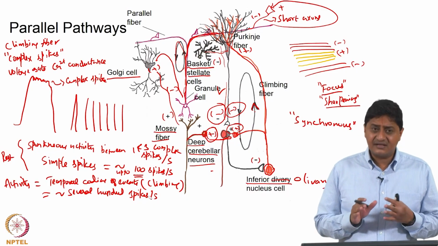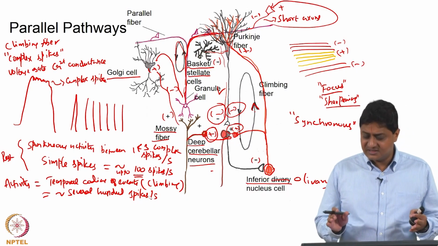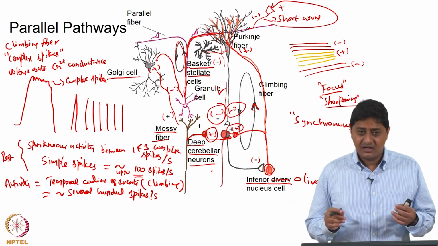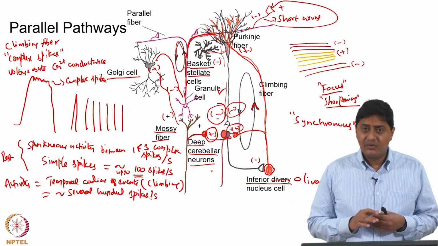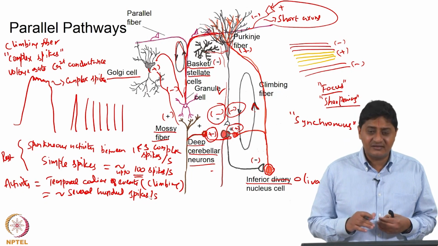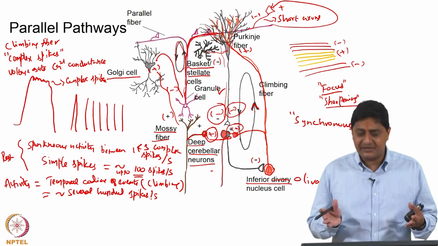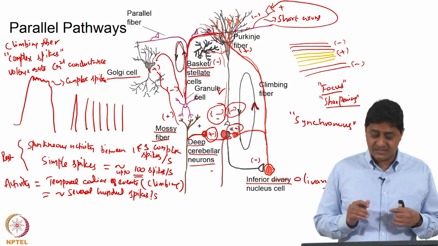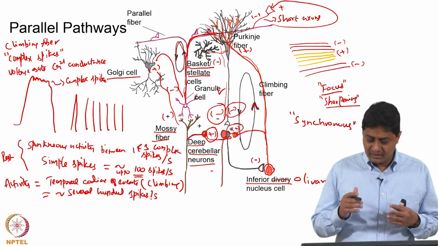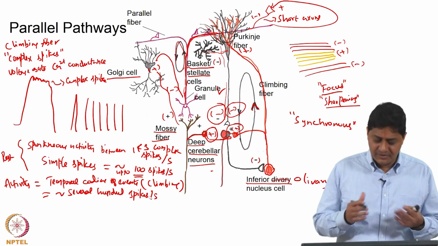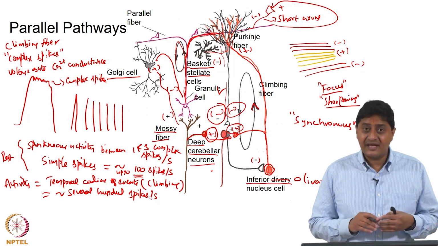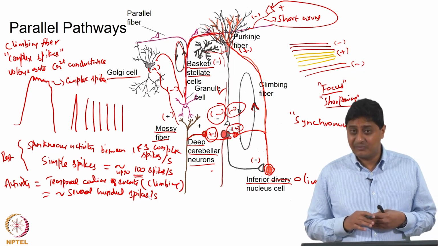It seems like the climbing fiber system is more of a presence or absence switch, or it acts more like a signal for the start or end of an event, right. Whereas the activity of the mossy system in some sense encodes the amplitude or the extent to which the activity is happening.